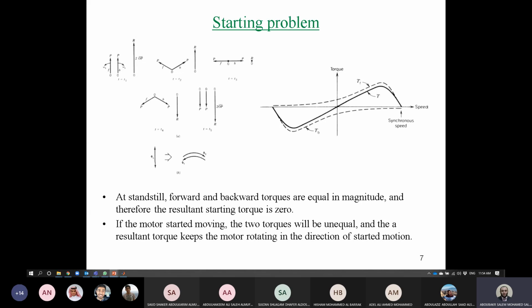However, for simplicity, even in some workshops, if we use one of the automated solutions and it fails to work for any reason, maybe if we use a capacitor and its lifetime ended or it was damaged, they start the motor manually to avoid paying a lot of money for such solutions. So mechanical spinning like that can be used.